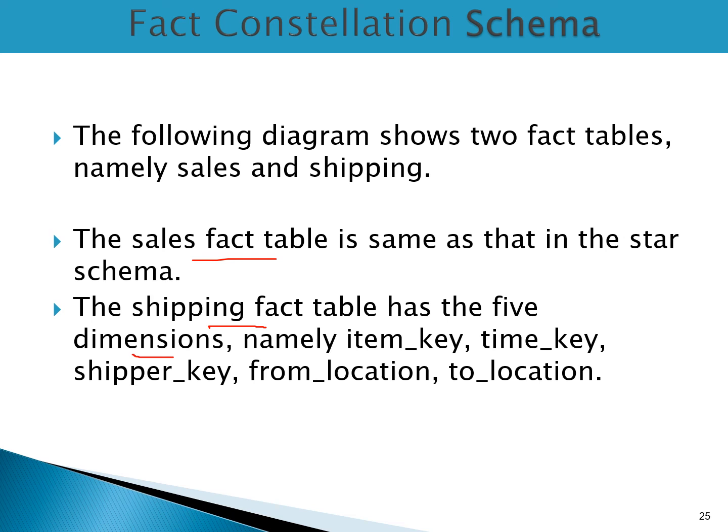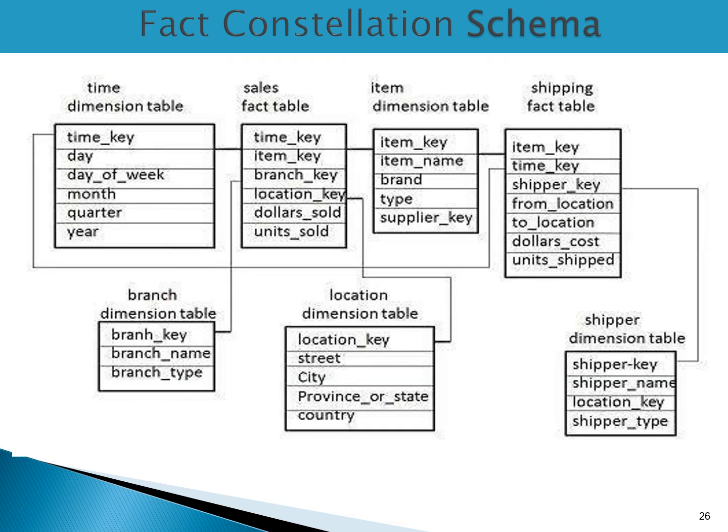These are the dimensions of the shipping fact table. So this is the fact constellation schema. You can see that this is the sales fact table and this is the shipping fact table, and it has multi-part keys. So these are the keys of the shipping fact table.